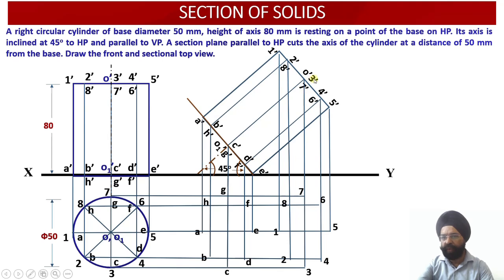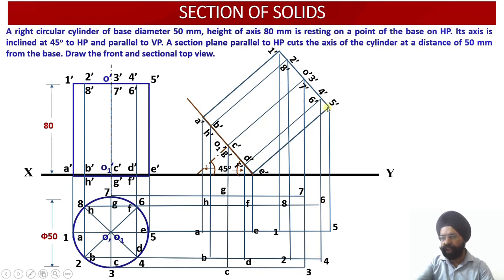Similarly, you draw vertical projectors from 3 dash and 7 dash and work out the horizontal intersections with 3 and 7. So this is 3 and here lies point number 7. Then draw vertical projectors through 4 dash and 6 dash and horizontal projectors through 4 and 6. Right, so we locate the 4 and 6 points.